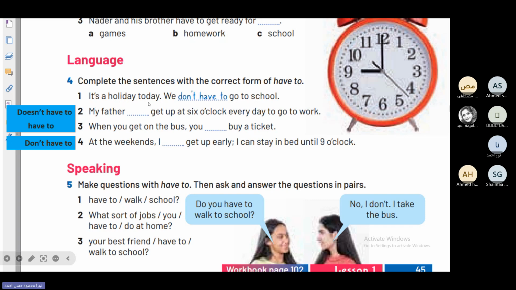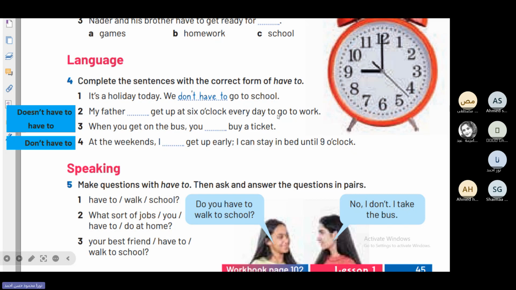It's a holiday today. We go to school, so we don't have to go to school because it's a holiday. What about number 2? My father has to get up at 6 o'clock every day to go to work.